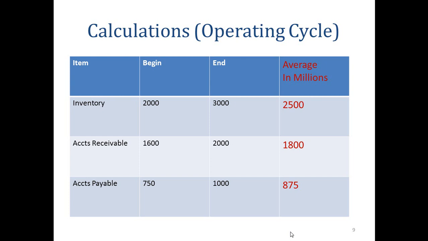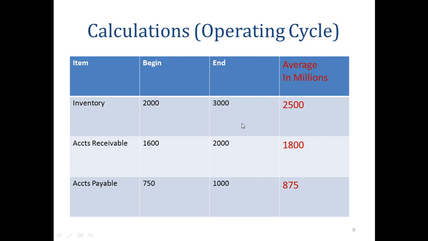Now, let's look at some calculations of the operating cycle. In accounting and finance, what we do is take an average. Let's say our inventory at the beginning of the period and the end, it can be 1 year, but it can be a quarter, it could be a month. In this case, let's keep it simple, 1 year.